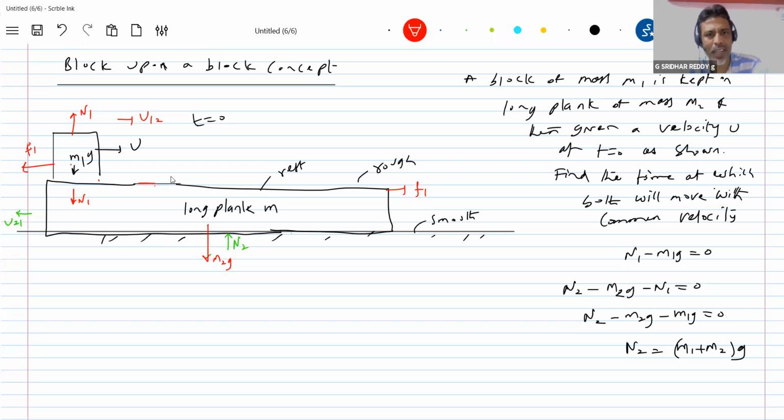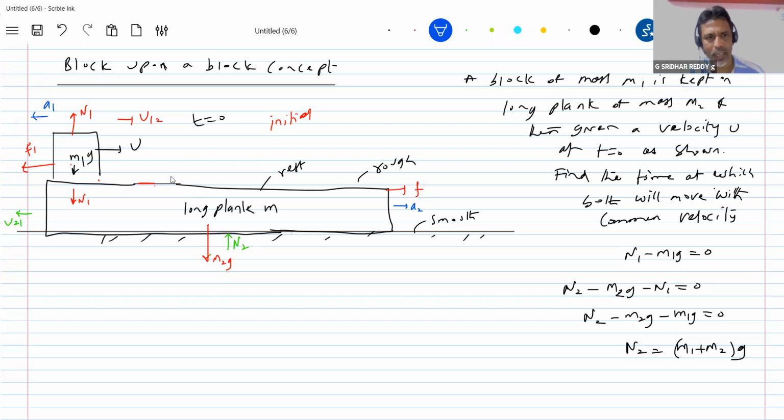This is the initial diagram. Now tell me what will happen. The velocity of the block will keep on decreasing, and because of this friction force acting, the plank starts accelerating. So this will undergo retardation, because the force is acting opposite to velocity. And this will undergo acceleration, because the force is acting on it, so it will start accelerating.